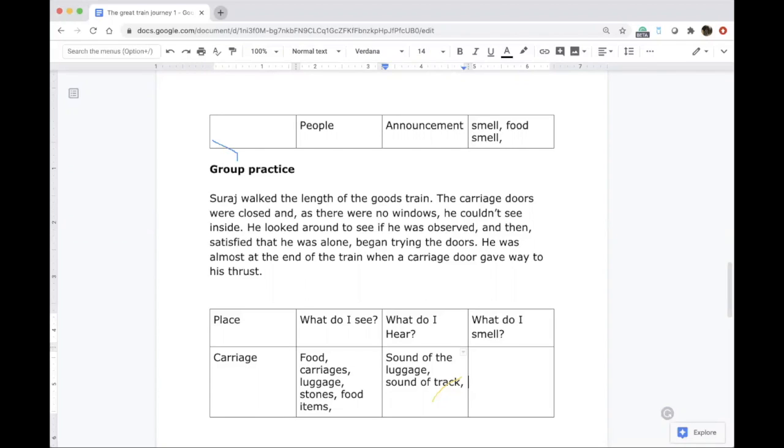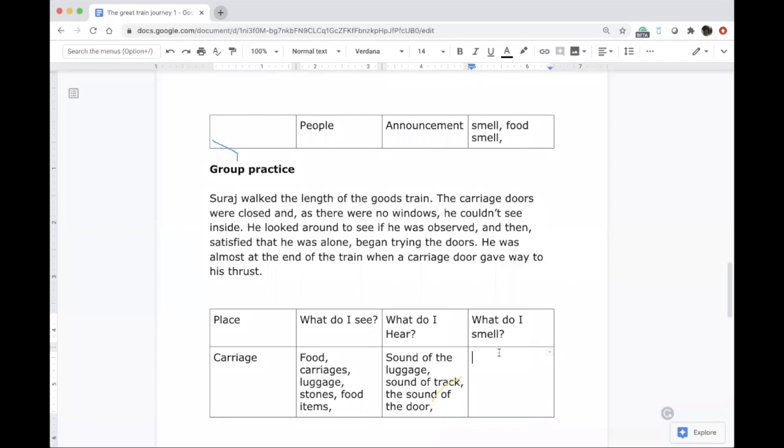That is again information that you gained from the paragraphs. That is a very good example. Remember, Suraj is trying hard to open the door. Maybe the sound of the door. Okay. Gokul, you have a different example? No, sir. Okay.